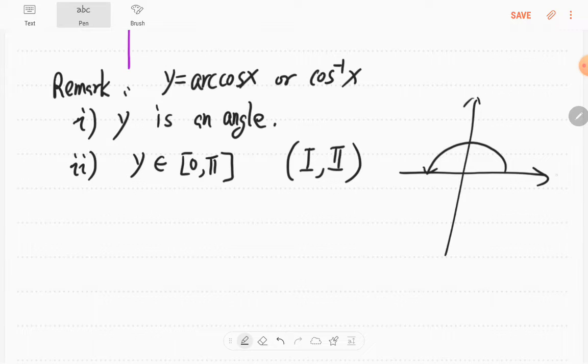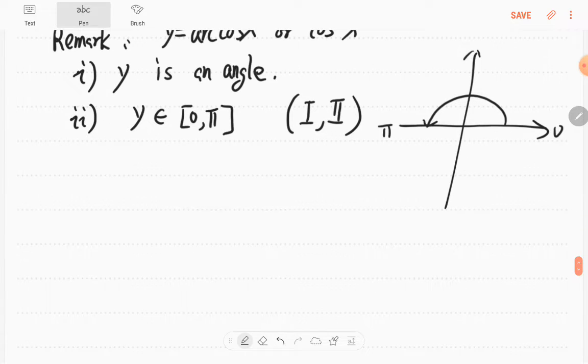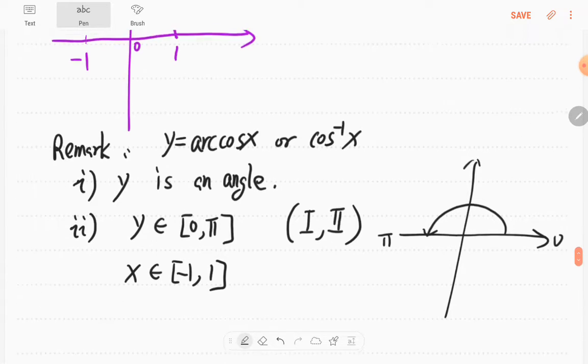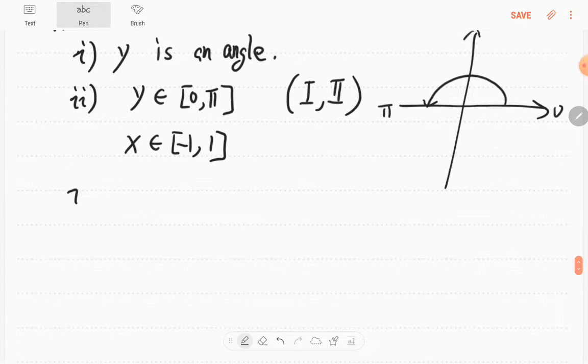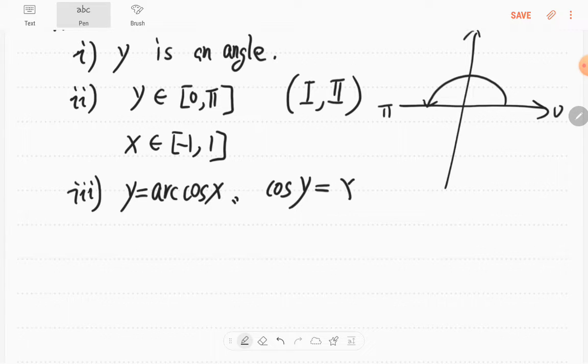Our input x is always from -1 to 1, so the domain is always -1 to 1. Third, y equals arc cosine x means that cosine of this angle y should be equal to x.